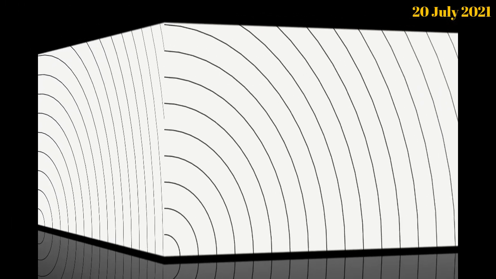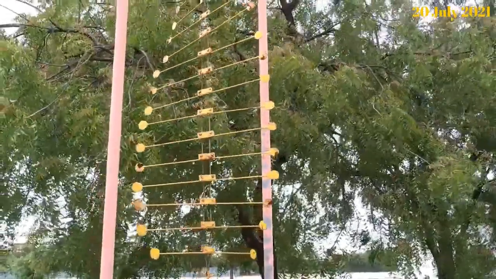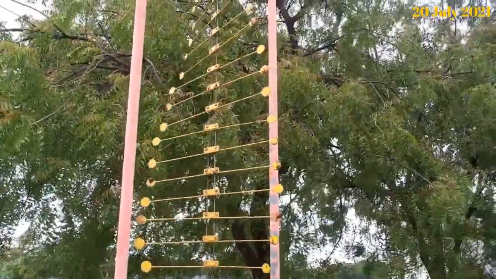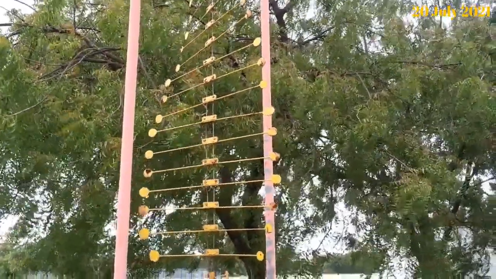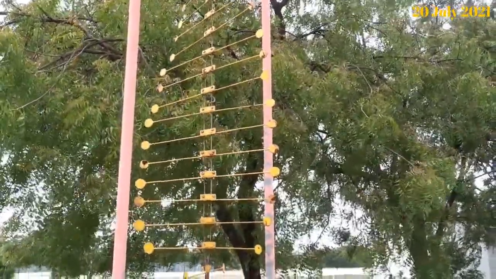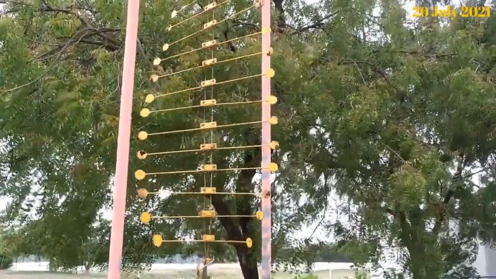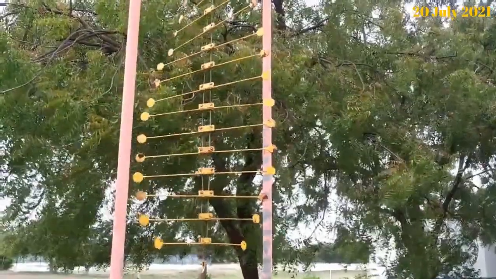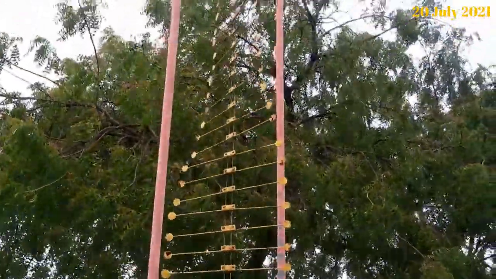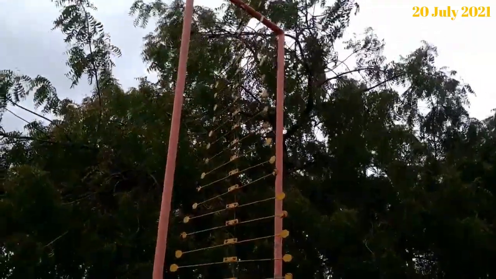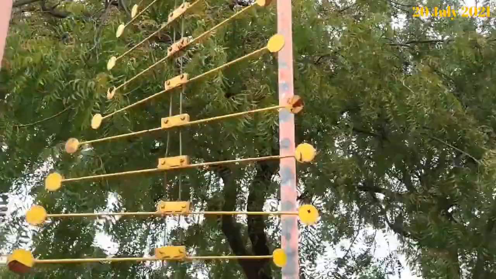We shall see one more model here. I am going to give a disturbance at the end of this chain, right? And see what happens. I'll be just moving one of the sticks, and as I said that the disturbance moves from one end of the medium to another end, we are going to verify that here, right? Look at this. We have the sticks till the end, and I'm going to move this here.